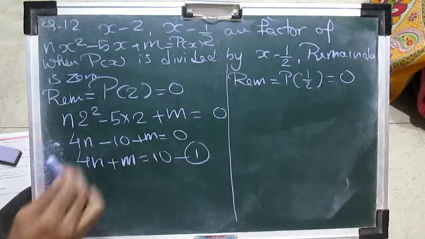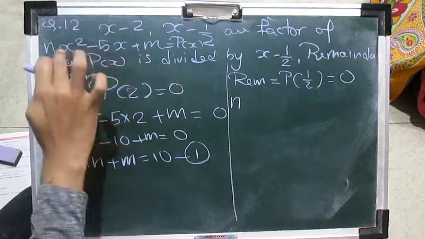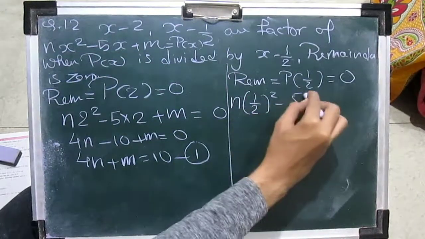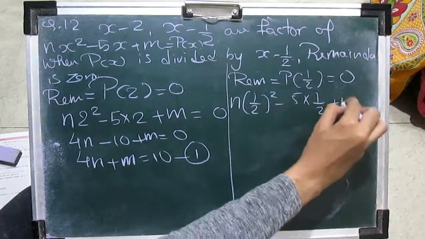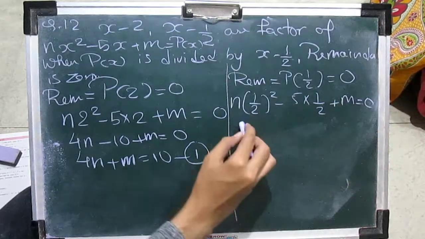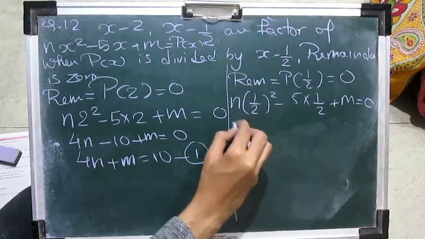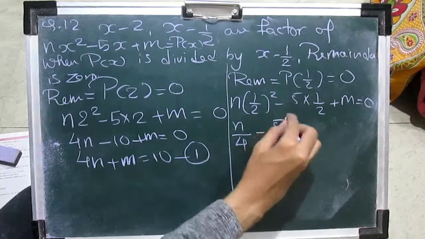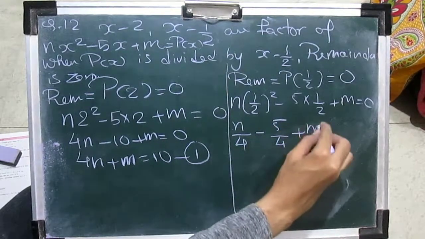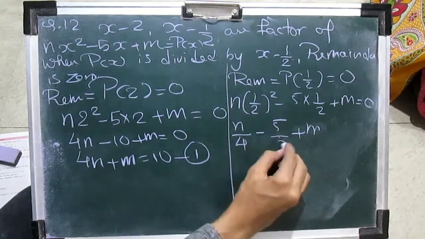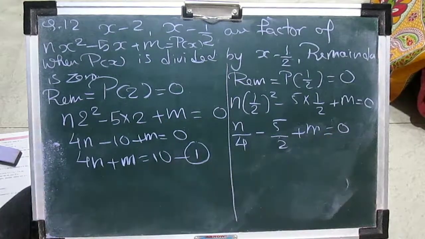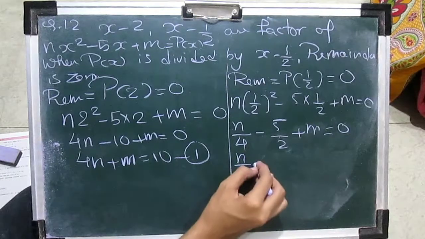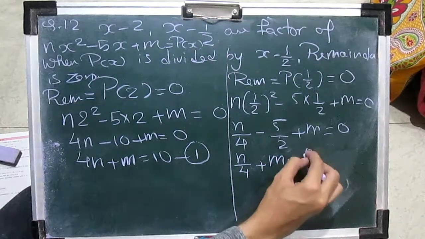So n times half square minus 5 into half plus m is equal to 0. Half square is 1 by 4, so it is n by 4 minus 5 by 2 plus m is equal to 0. What I can write next is n by 4 plus m is equal to 5 by 2, correct.